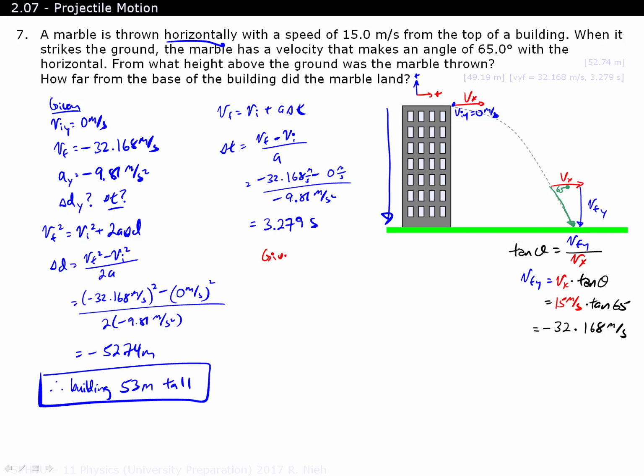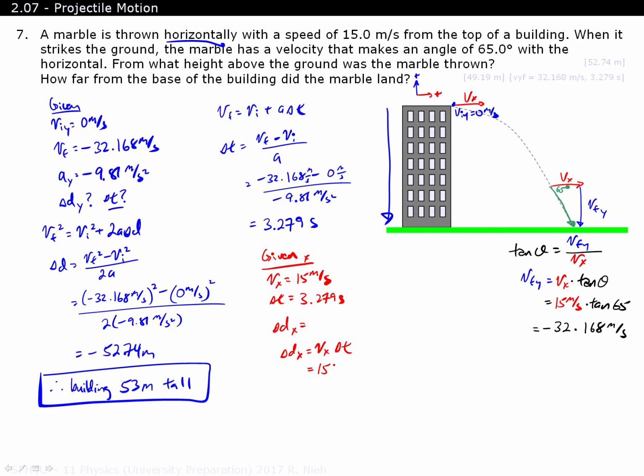So let's recap in the x dimension. We know that our Vx is 15 meters per second, and we know that our time for it to fall is 3.279 seconds. So the distance that it'll fall from the base of the building is, let me rewrite it again, delta dx is equal to Vx delta t.